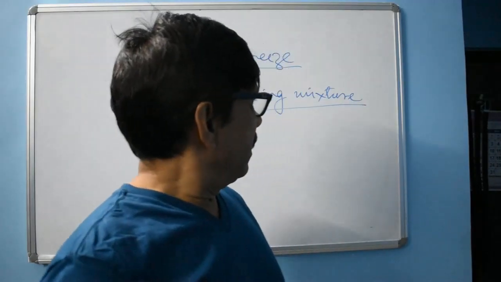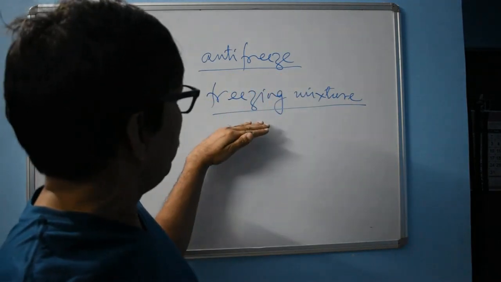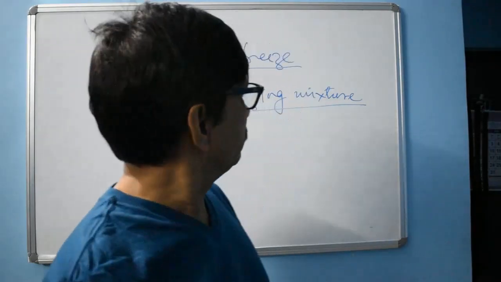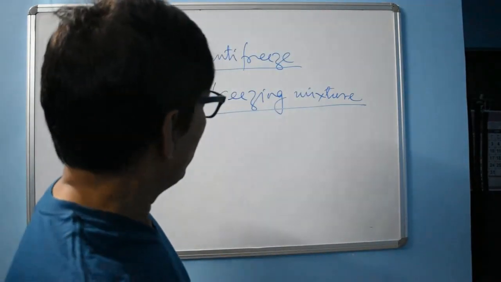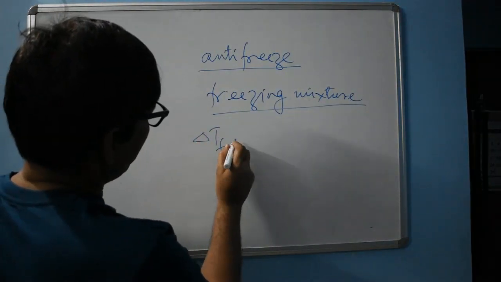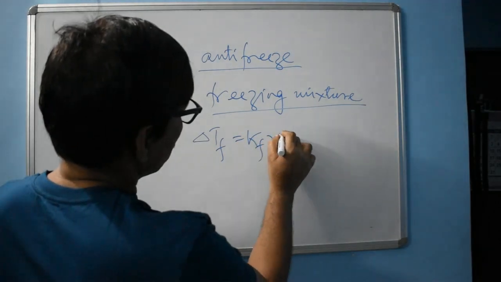Another type: what is antifreeze? Why does the freezing mixture have a temperature below 0 degrees Celsius? And you can be asked a number of questions based on this formula. That is, numerical problems based on this formula you have to practice.